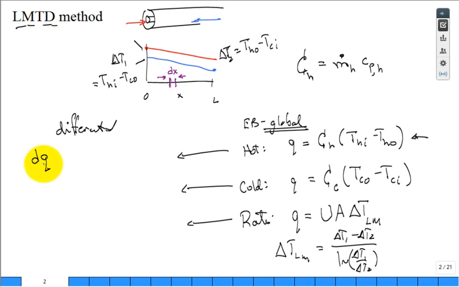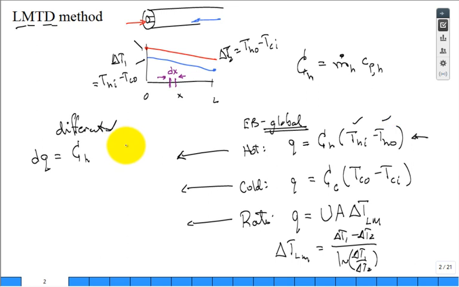dq, a small amount or small rate of heat transfer, is equal to, just look at the analogy here, the mass flow rate of the hot, specific heat of the hot. Well, let's just replace that by capital C of the hot, times not the global temperature change, but just the local temperature change.